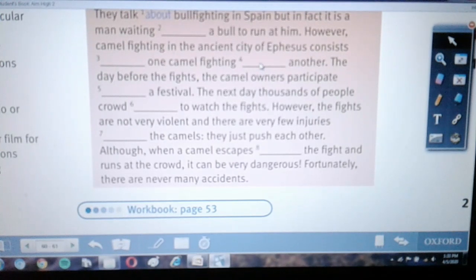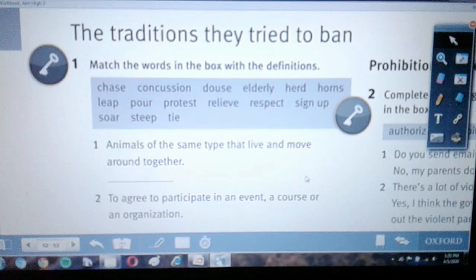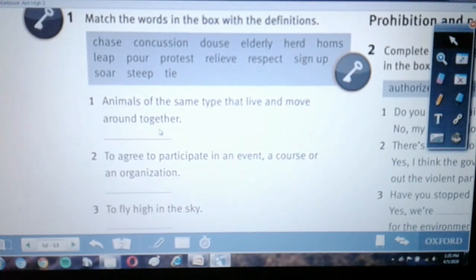please open your workbook, page 53. On page 53, there are 4 parts that you need to answer. The first part is you have to match the words in the box with the definitions. So use the words here to fill in the blanks.